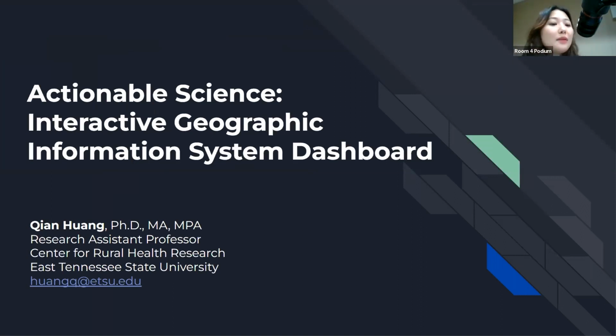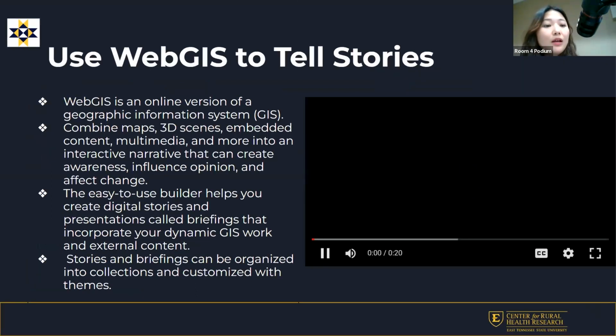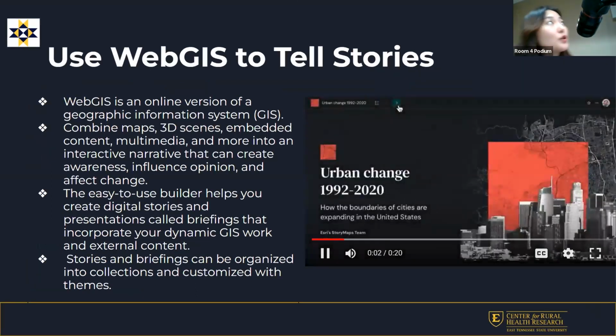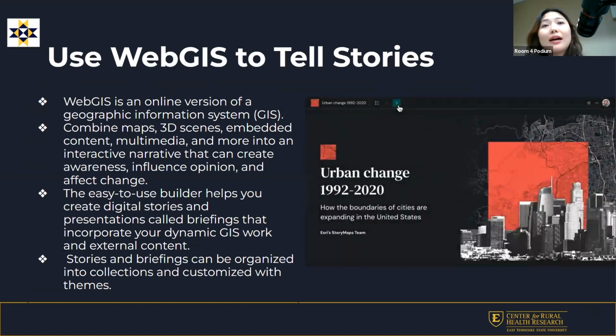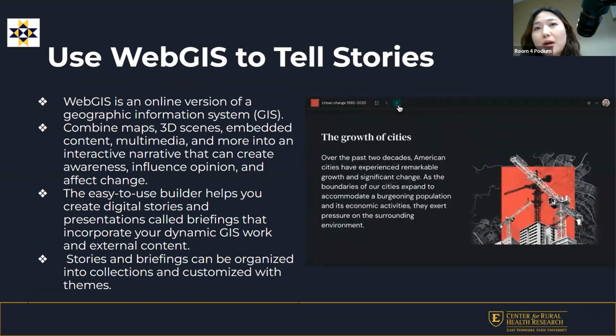So I'm going to talk about interactive geographic information system dashboards, GIS dashboards. I didn't use AI in those dashboards, but this is something I want to explore and discuss with you today. I use WebGIS to do that. Most of them are Esri products.